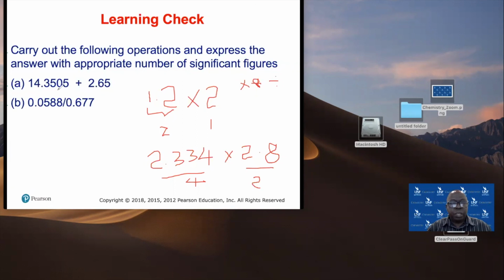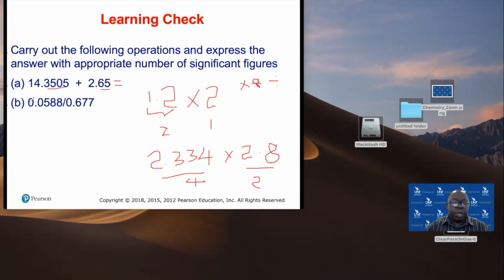This has 1, 2, 3, 4. So your final answer here should have 2 places of decimal because of 2 here. And remember the rounding off. Remember the rounding off plays a role in the calculation.